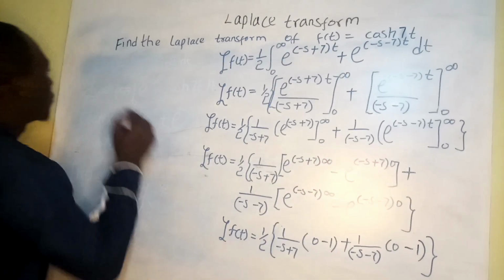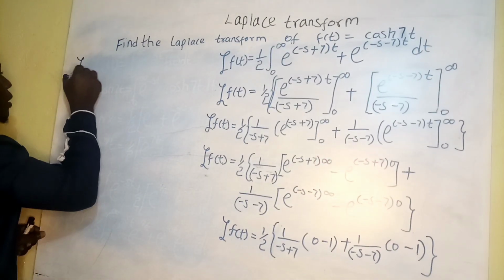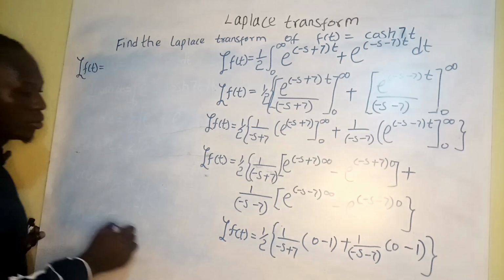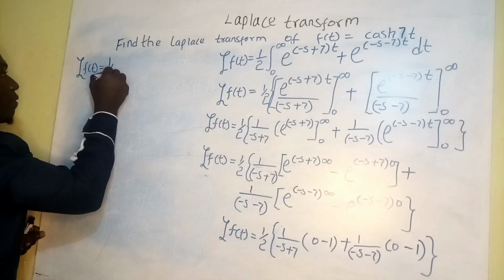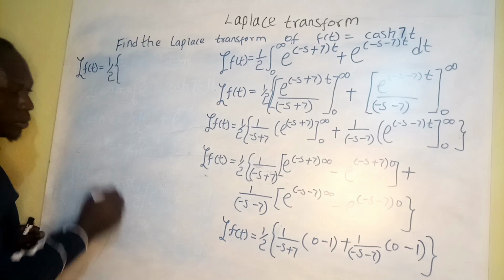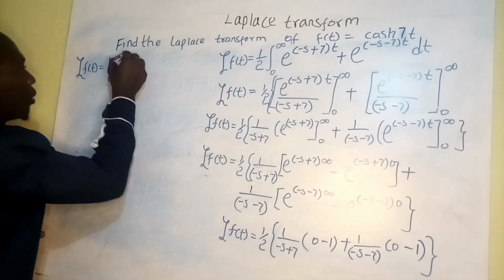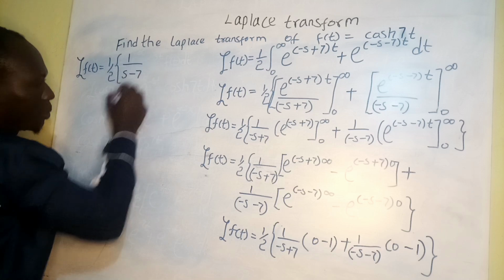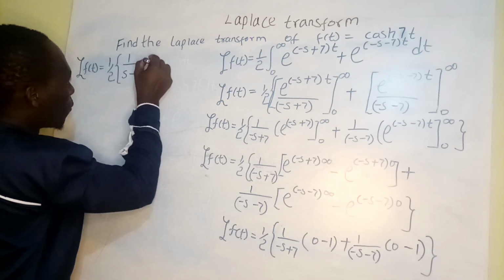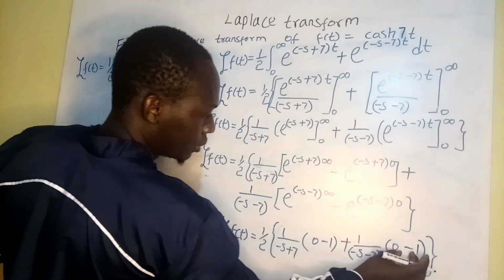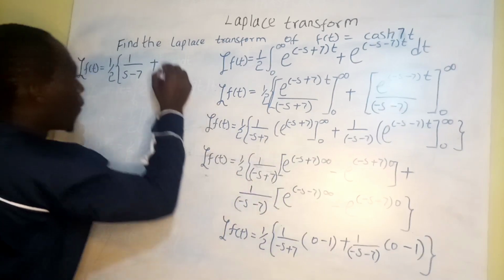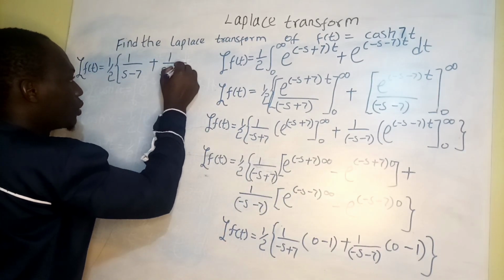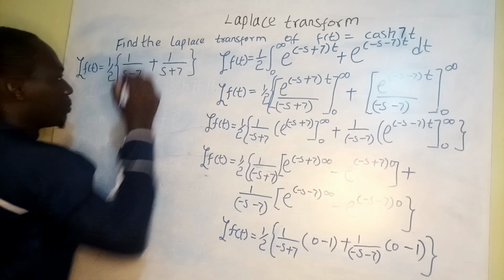To mean that we are going to have the Laplace transform of our function f of t is going to be equals to a half into, here we are going to have 1 all over s, we subtract from 7, we add to 1 all over s, we add to 7.